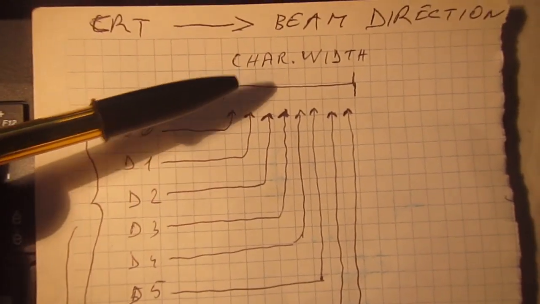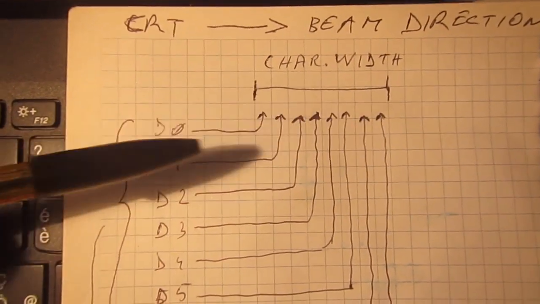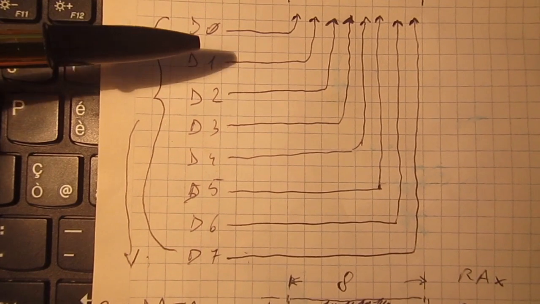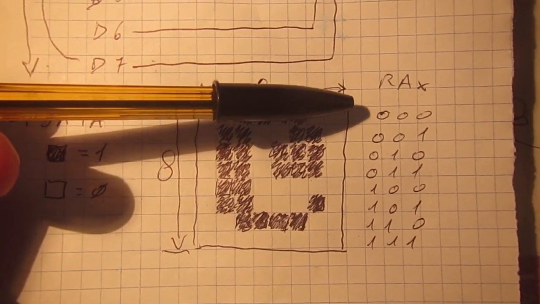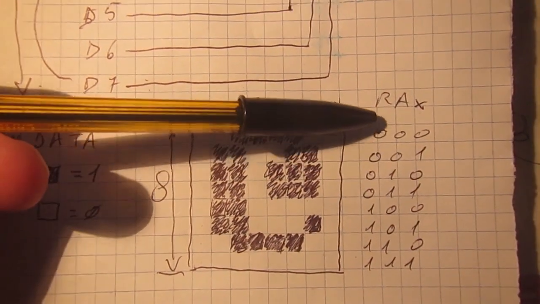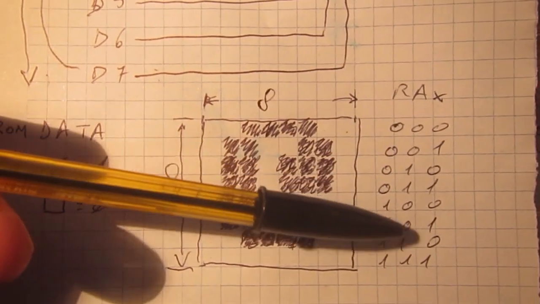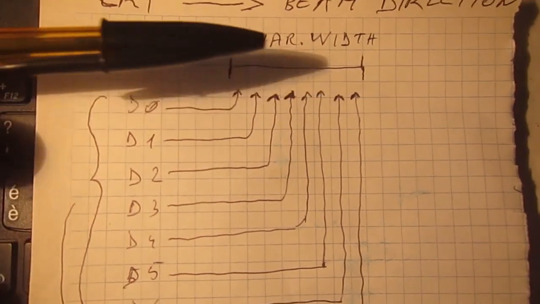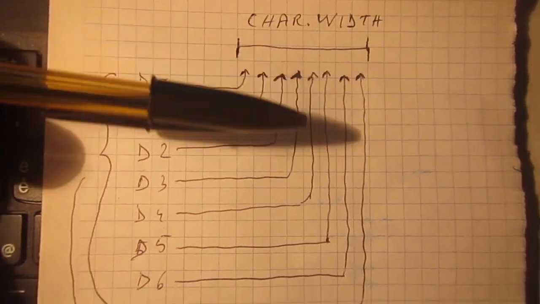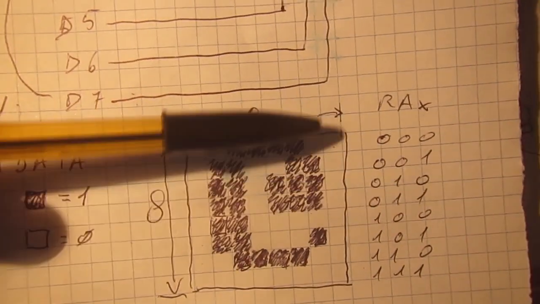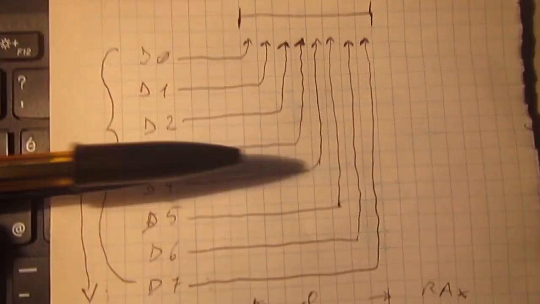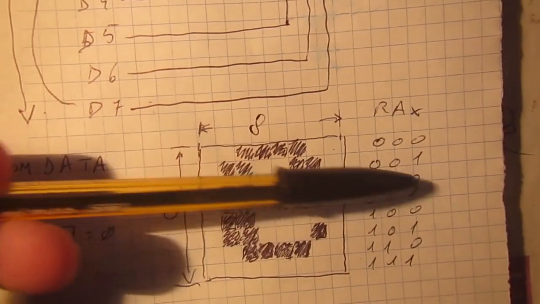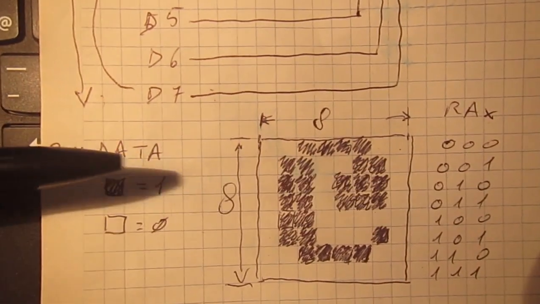So a character is of course 8 pixels wide because of the 8-bit data bus of the ROM, and the character is also 8 rows because of the 3 row address lines on the ROM, as we have seen. After a line has been scanned, the row address is incremented, the electron beam returns to the left, and another scan line begins with a new row address, so another row of a character is pictured on the screen.